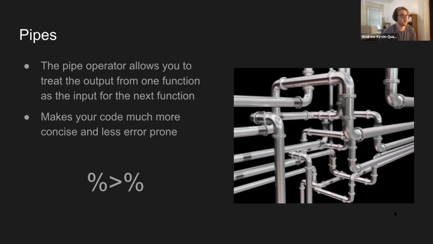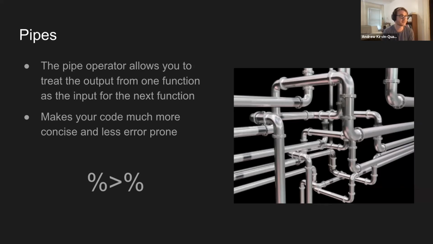I wanted to talk about pipes, which are one of the things that people love about the tidyverse, and a super handy operator. So we talked about operators before, in that they're simple functions that usually just take one input and give one output. The plus sign is another operator.